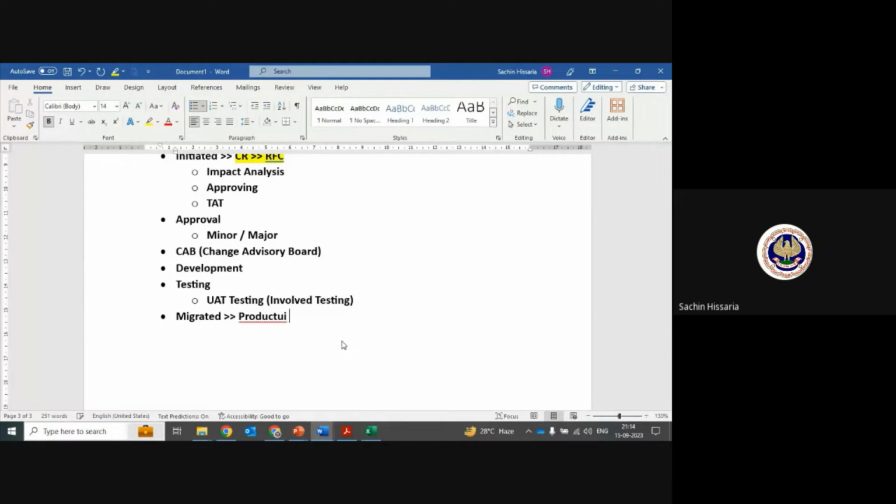Now, when I do a migration to a production environment, as an auditor I need to take a prior downtime approval for the same. Downtime approval is very important. We need to tell them that before migrating changes into the production environment, if there is any impact on the production, we need to take a downtime approval from the application or system owner.